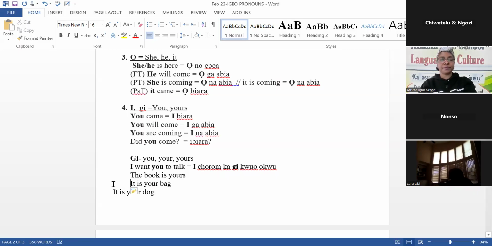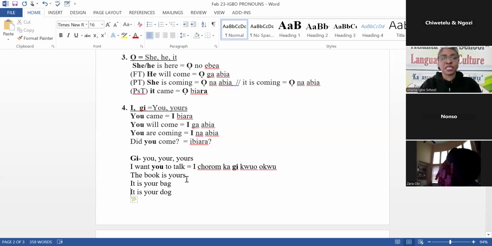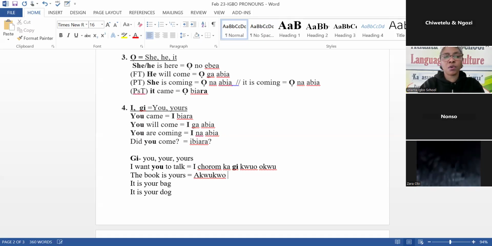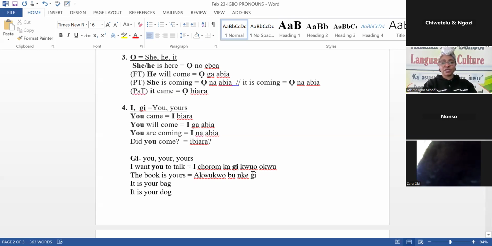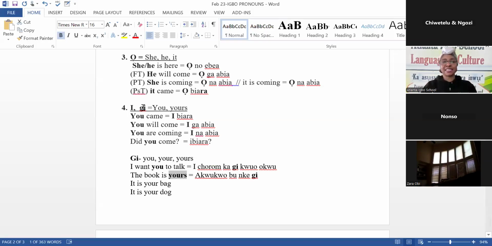Now, if you say the book is yours, akwụkwọ bụ nke gị. Nke gị. So we're talking about gị here. The book is yours. Akwụkwọ bụ nke gị. So we're talking about this gị. We're talking about yours.